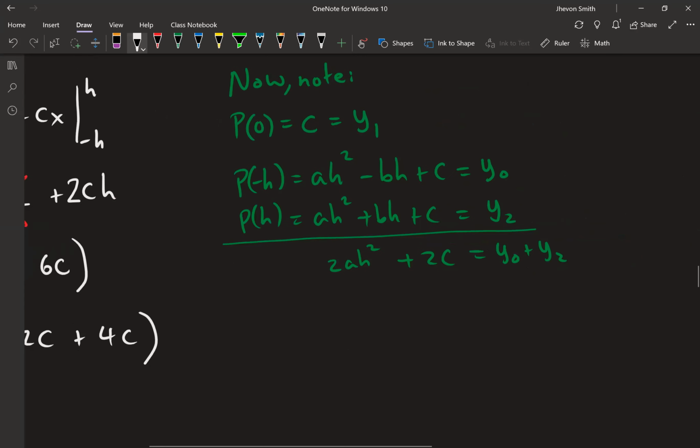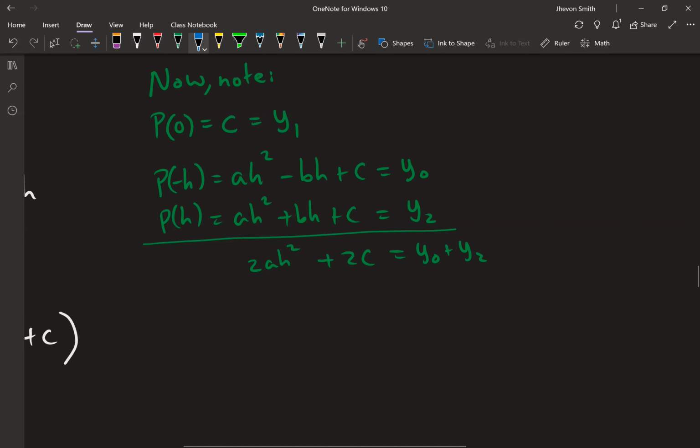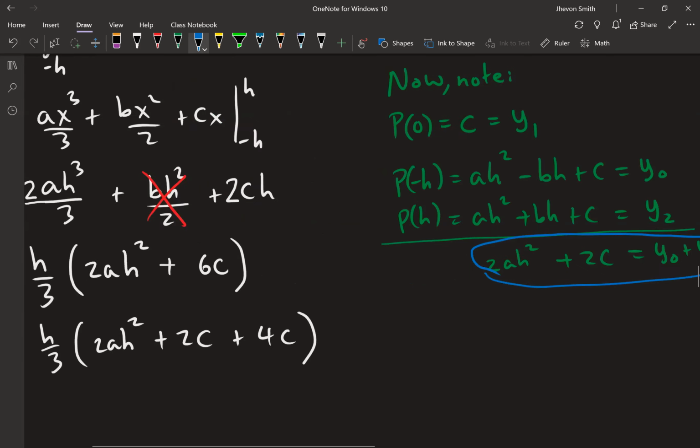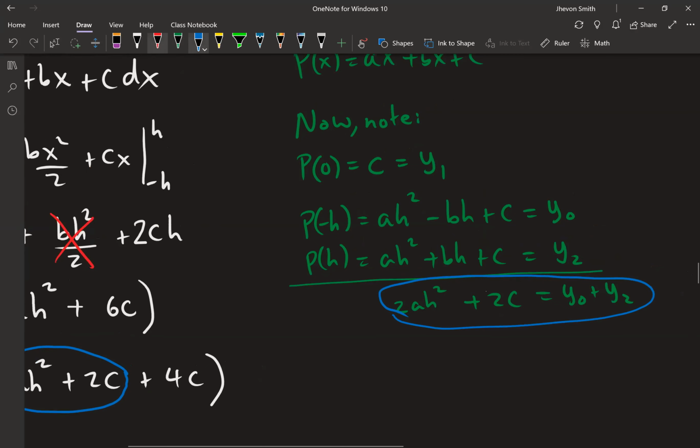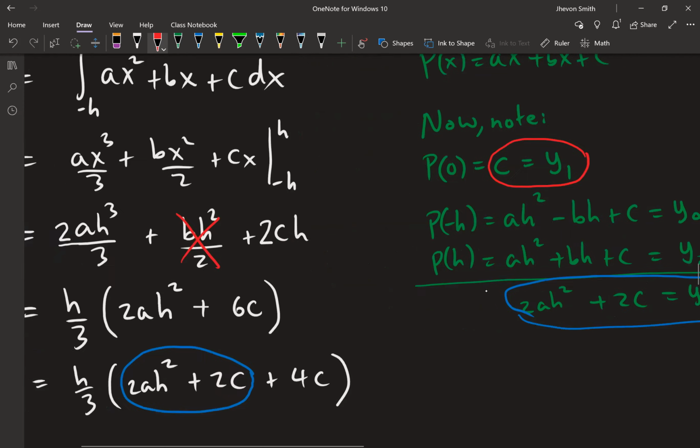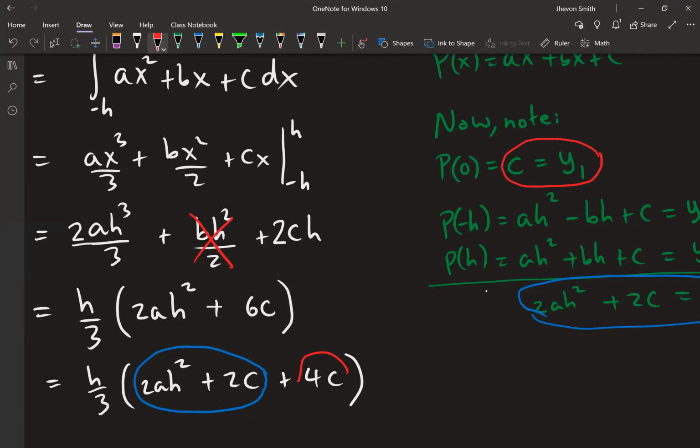And this part here is talking about this part here. Right? And if I look over here, I know what c is. c is y1, which means the leftover 4c, I can use that here. So I'm going to use these little side calculations to inform this little guy here.